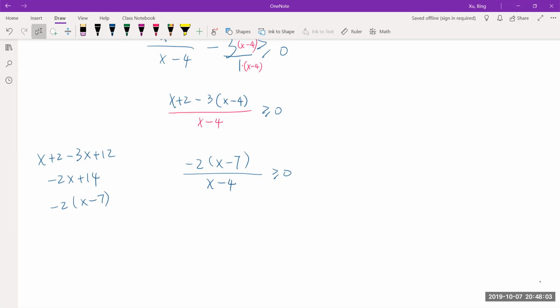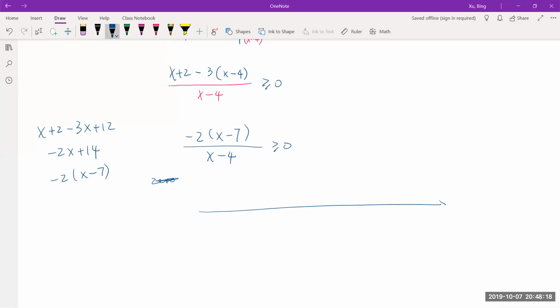All right, great. Now zeros from the top and the bottom. The two significant numbers will be 7 and 4. We'll draw the number line. The number line should have 4 and 7 on it, because 7 is 0 from the top, and 4 is 0 from the bottom. So should we include 4 as our solution?